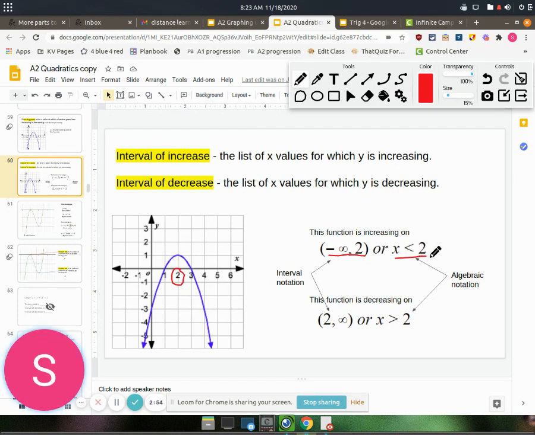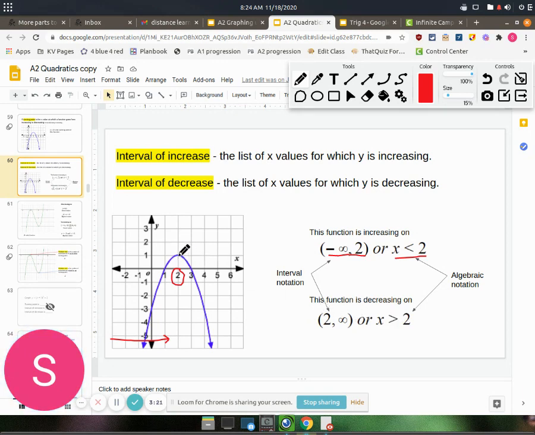So what this means is that for all numbers before 2, all these numbers way over here, negative 5, negative 6, as this function goes to the right, as the x values are getting bigger, the y values are increasing as well. So this function is increasing on negative infinity to 2. And for the decreasing, it's the same idea.